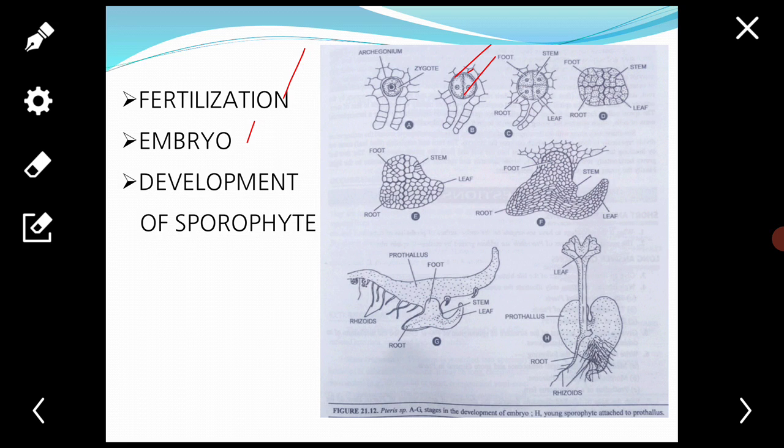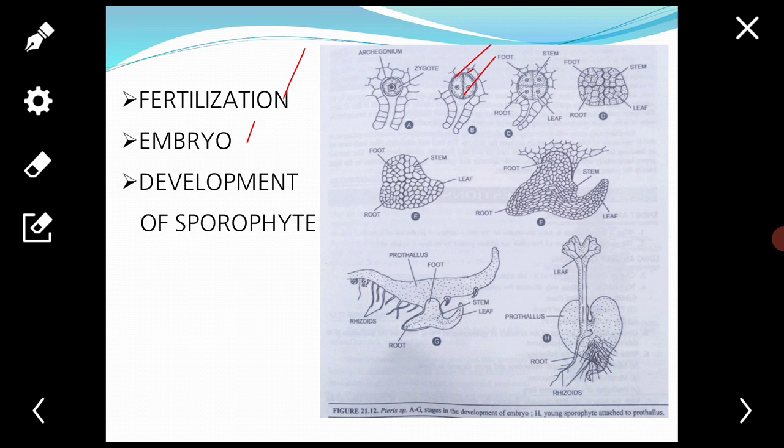The epibasal half forms the shoot apex and cotyledons, whereas the posterior or hypobasal half gives rise to the first root and haustorial foot.